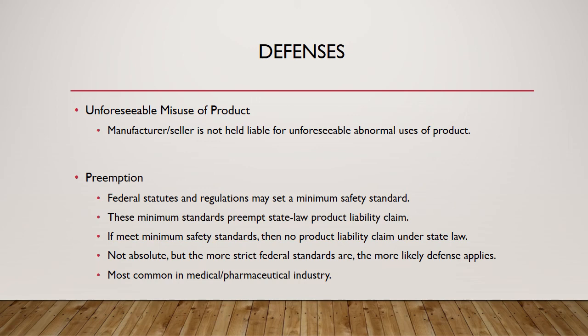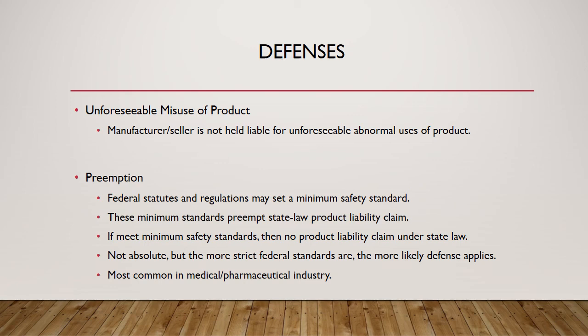Another one that comes up is preemption, and this is most common in the medical or pharmaceutical industry. If you'll recall from some of our earlier weeks, we talked about how federal law trumps state law. If there's deemed a conflict between federal law and state law, federal law prevails. It's the supremacy clause in the Constitution. You may have where the federal government has enacted laws or regulations that set a minimum safety standard. Under the preemption doctrine, these minimum safety standards may preempt the state law products liability claim.